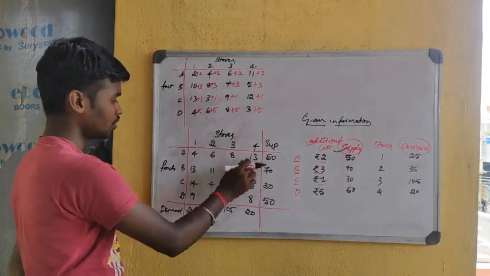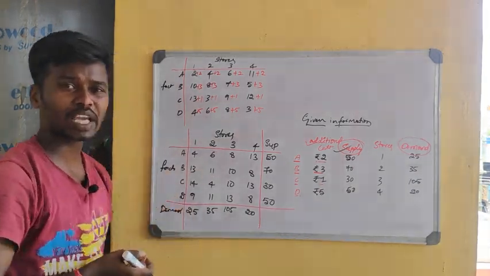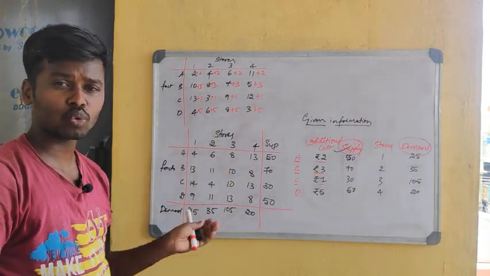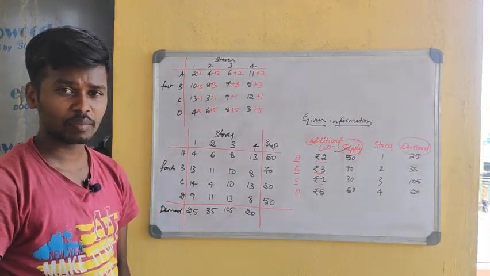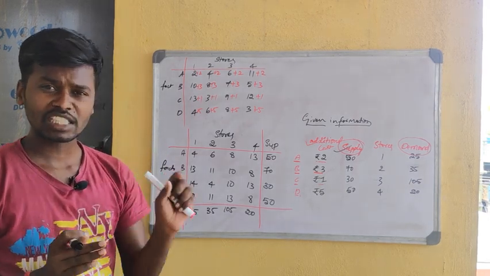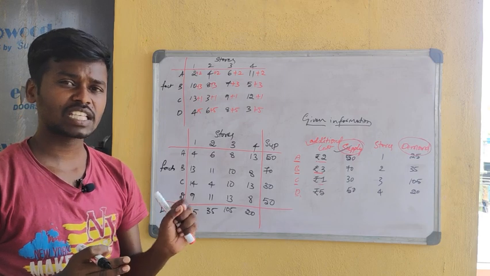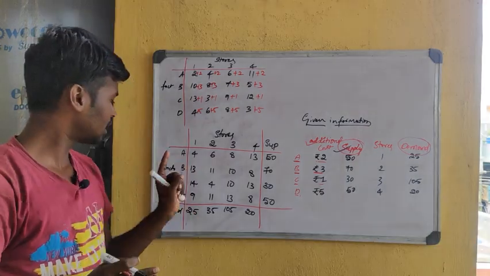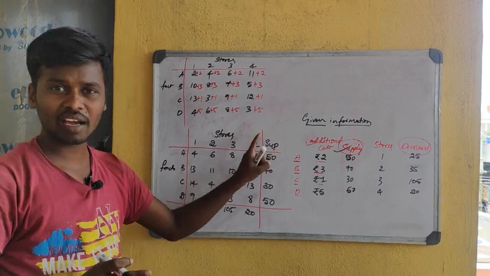Okay, so after this you know how to calculate the row penalty and column penalty, and how to satisfy the demand and supply. In any problem, if you want to calculate the total transportation cost or satisfy the demand and supply, the first step is to see whether the demand is equal to the supply or not.